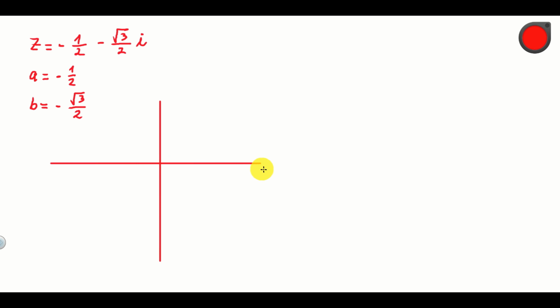Obviously, this complex number is in the third quadrant, and we have a is minus 0.5, and b is approximately minus 0.87, since square root of 3 over 2 can be approximated by that number. So over here, let me just nicely sketch it, we'll have minus 0.87, and here's our complex number. It's located over here.